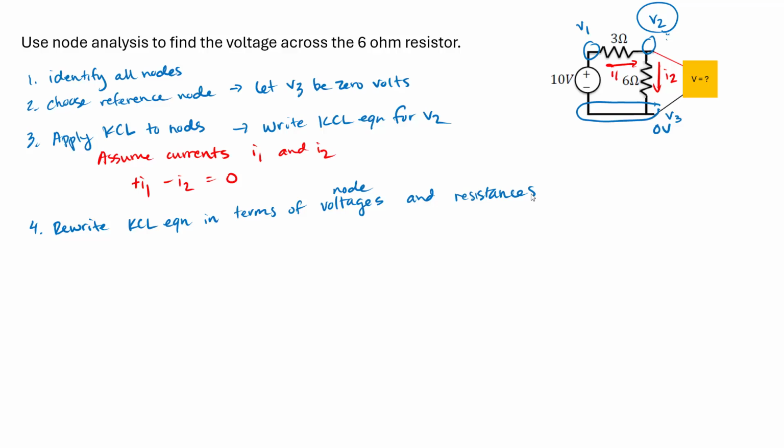So in this case, let's go ahead and look at how we would find our current I1. Initially, I1 is sitting at 10 volts, and we flow into V2, and we pass through a 3 ohm resistor. So to find I1, we know that essentially we have something like this.